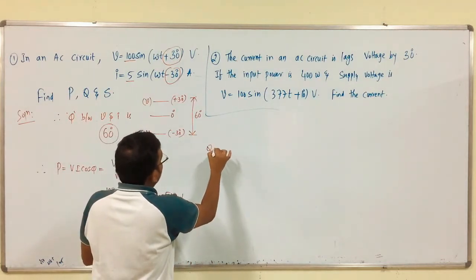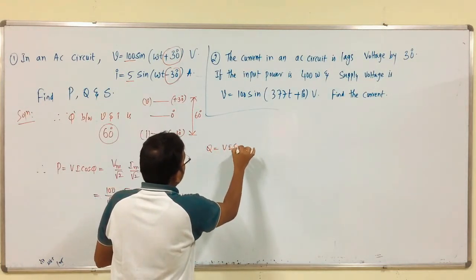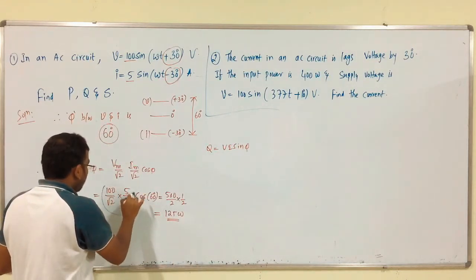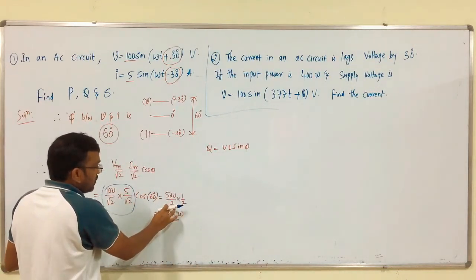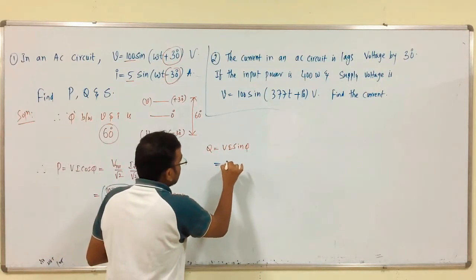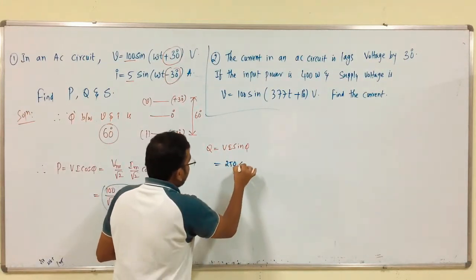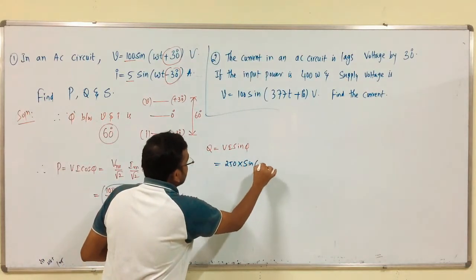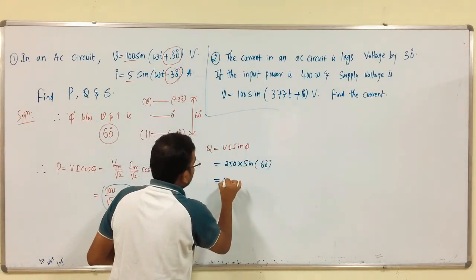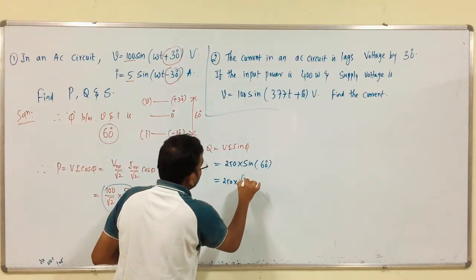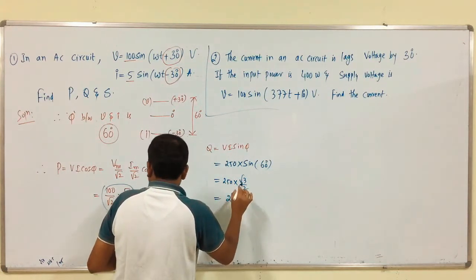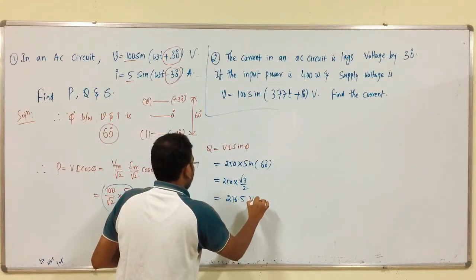Next Q, reactive power, which is equal to V I sin phi. Here V I is 500 by 2, which is nothing but 250, so Q equals 250 into sine of 60, which equals 250 into root 3 by 2, which equals 216.5 VAR.